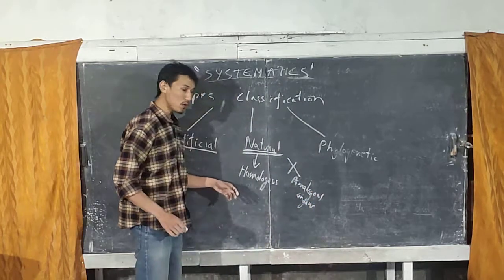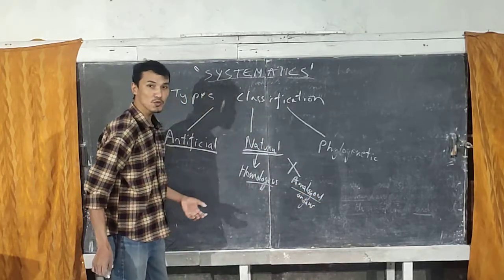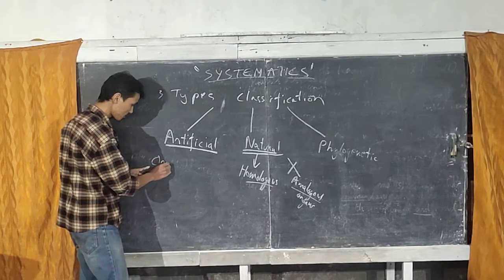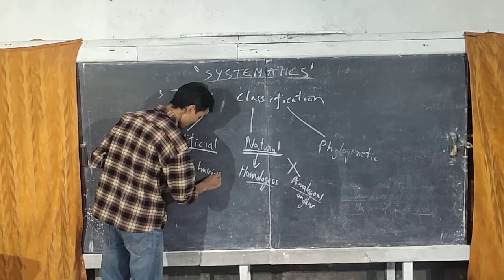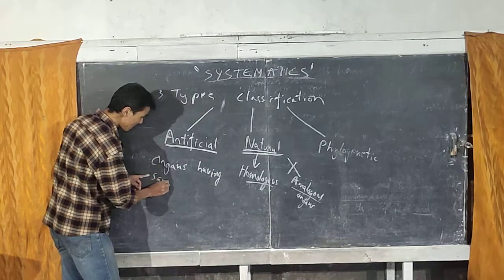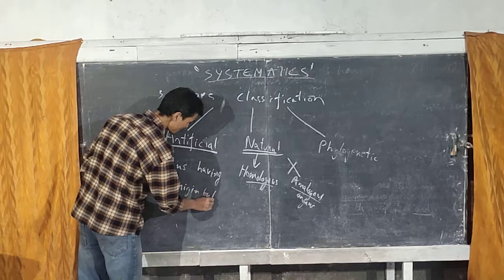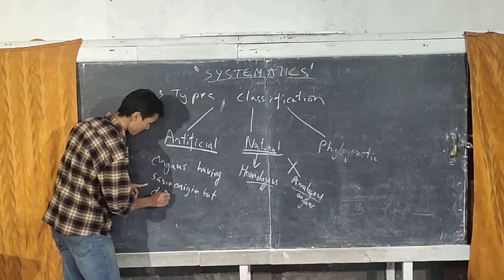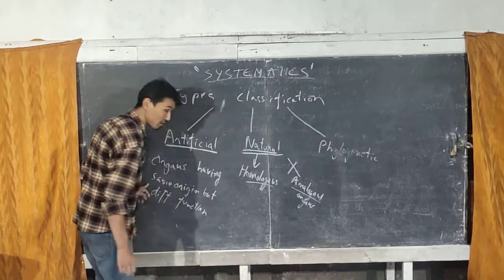To understand what homologous and analogous mean: homologous means organs having the same origin but different function.